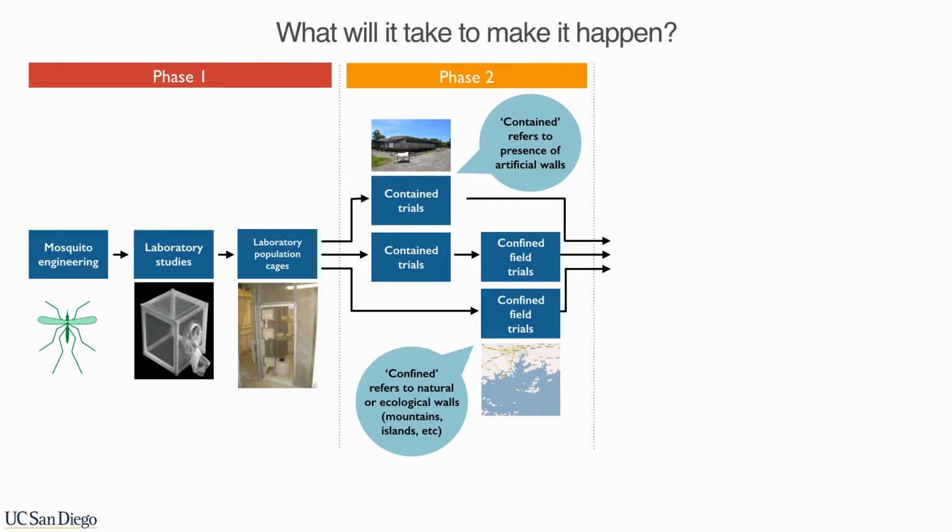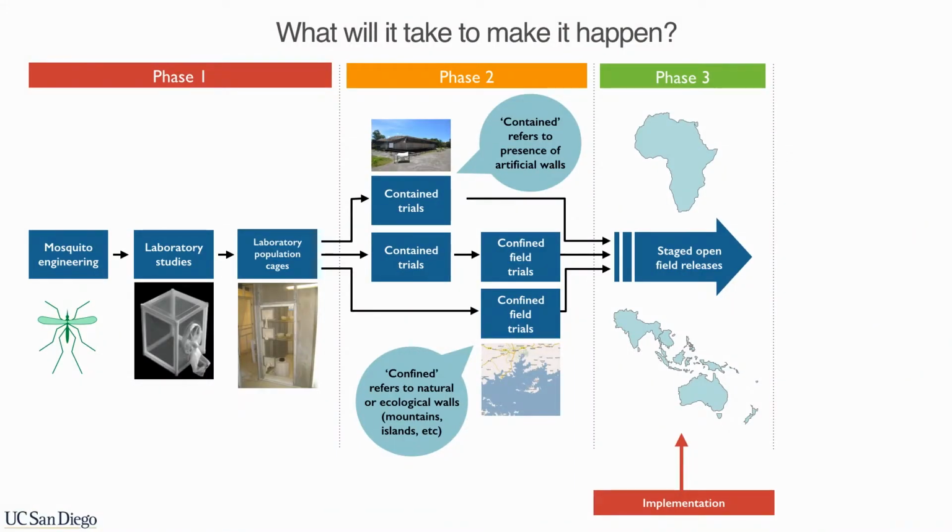Or preferably you do it on something like an island, which is a segregated piece of land where you can make sure that the mosquitoes aren't going to be able to get anywhere else, where they're controllable by pesticides, because you start off with a mosquito that's pesticide sensitive. And if they perform well under those circumstances, then you can proceed to phase 3. This assumes another point that I'll bring up, which is that at every step you're consulting lots of different people, and I'll get to that in a moment.